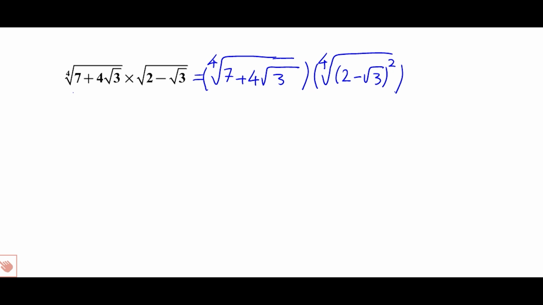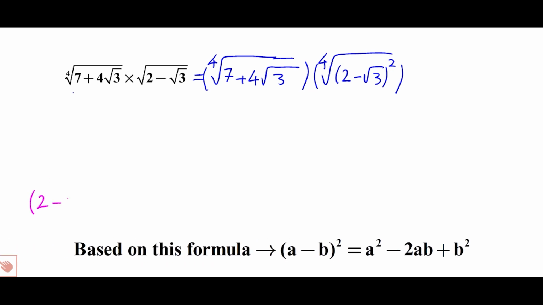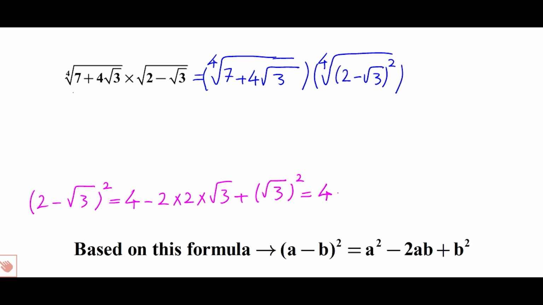Okay, so we have 2 minus the square root of 3 whole squared is equal to 4 minus 2 times 2 times the square root of 3 plus the square root of 3 whole squared. So we have 4 minus 4 times the square root of 3 plus 3. So we have 4 plus 3 is equal to 7 minus 4 times the square root of 3.